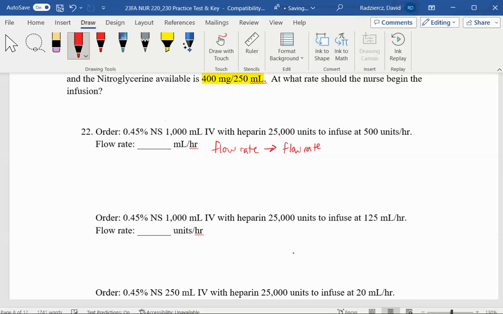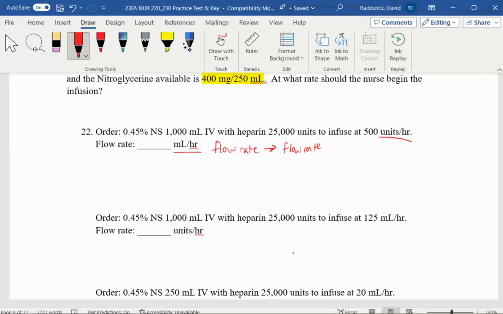So you're starting with units per hour and you're converting to milliliters per hour. The reason I start with this is because you're going to see the steps repeated when we get to the weight-based heparin protocol.